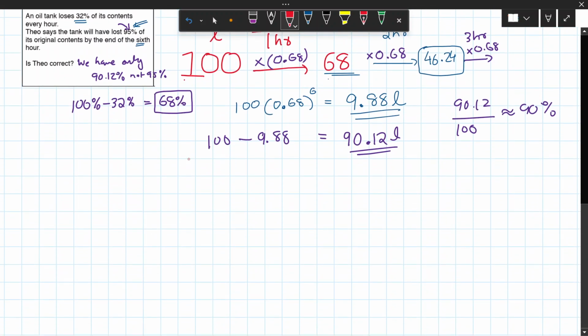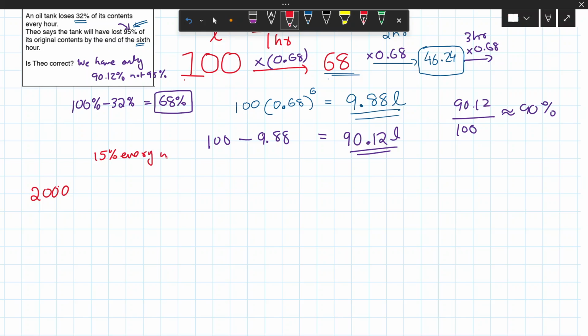Another way of asking this question is, we could do this as if it was a population increase. So let's say I had 2,000 people in a town somewhere, and its population grew by 15% every year. So if I want to calculate the population at the end of 3 years, at the end of the first year, this has grown by 15%, which means I'm going to do 1 plus.